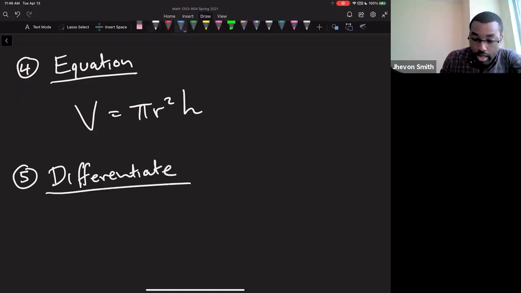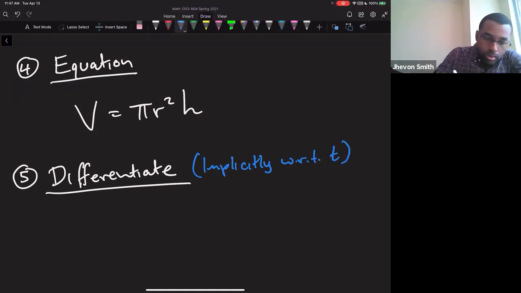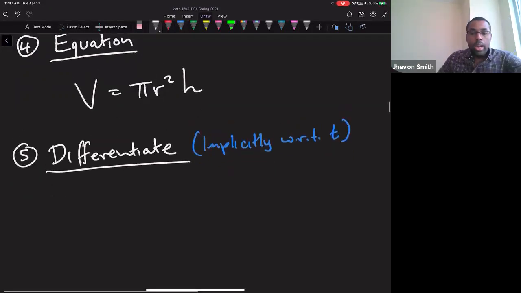And I'm not always going to say this, but the differentiation is implicitly with respect to time. Okay. So how would I differentiate this equation with respect to time? Someone help me out here. Differentiate this equation with respect to time. What do you get?